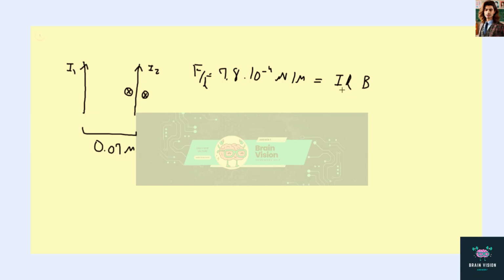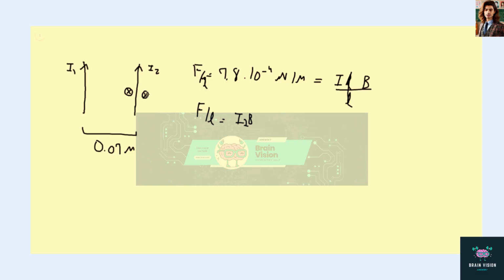So if we have a force per length, we need to divide by the length also, since really we're saying force equals ILB, then divide both sides by L. So we just lose that L. We have our force per length equals this value equals I times B. And that's I2, which is what we're trying to find.